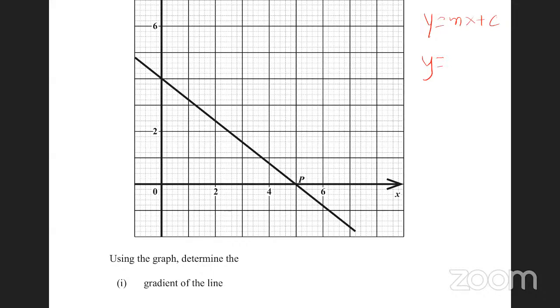Nikolai, what's the gradient? Minus 4 over 5. Nice. What's the y-intercept? Look at the graph. Where does it cut the y-axis? At 4. So the y-intercept is 4. Are you done? And you are done: y equals minus 4 over 5 x plus 4.